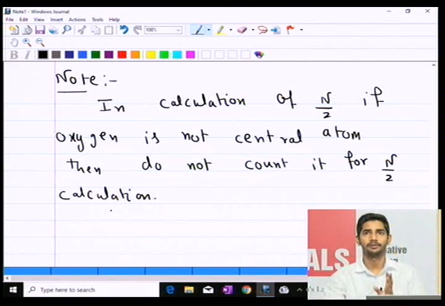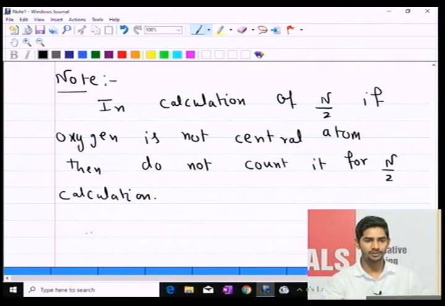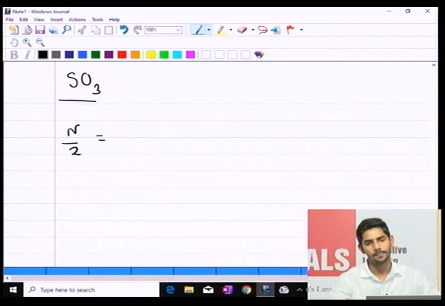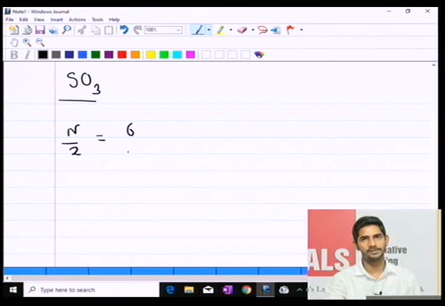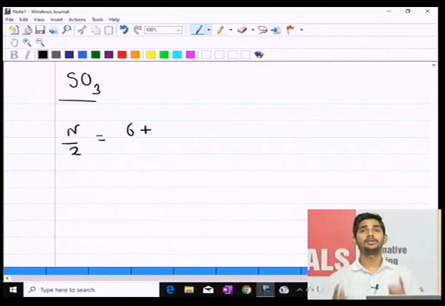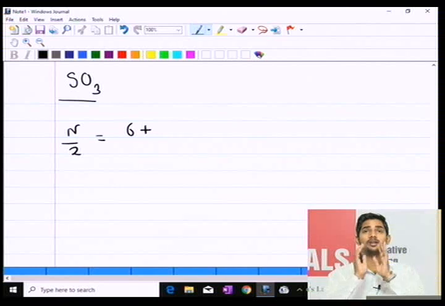Guys, let me clear it to you. Let's understand the meaning of this one. I am saying draw the shape of the SO3. Let's calculate the n by 2. We can say that sulfur should be the central atom. And guys, we have to consider the lone pair of electrons of the central atom. That you have to always do. Plus, you can see the oxygens. Guys, oxygens here are not the central atom. They are actually the surrounding atoms.